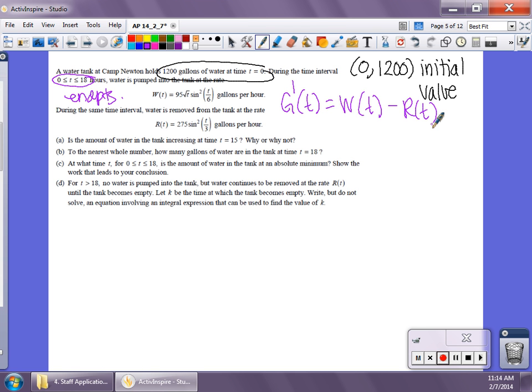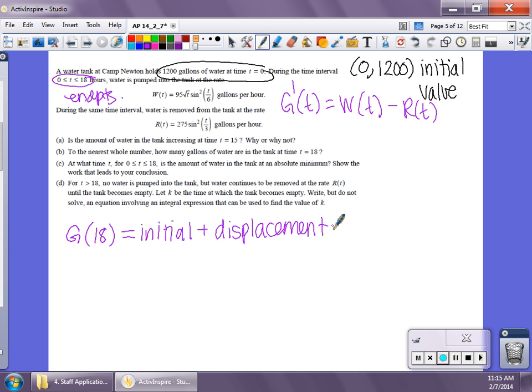How many gallons are in the tank? So now they want me to know how many gallons are in the tank at time equal to 18. Then that would be an initial plus a displacement. How do I know that? Because they gave me the rate at which the water is changing. They never gave me the actual function, so I would have to take an integral.